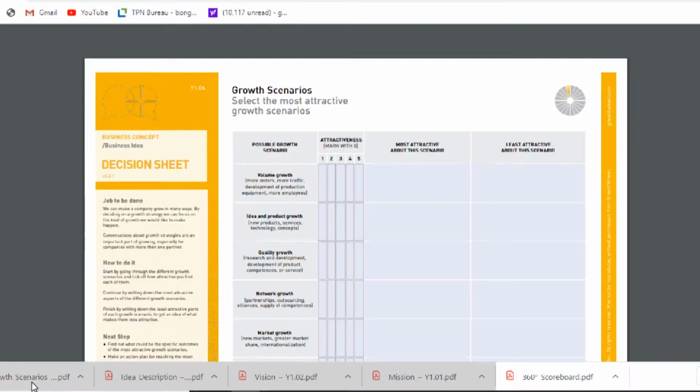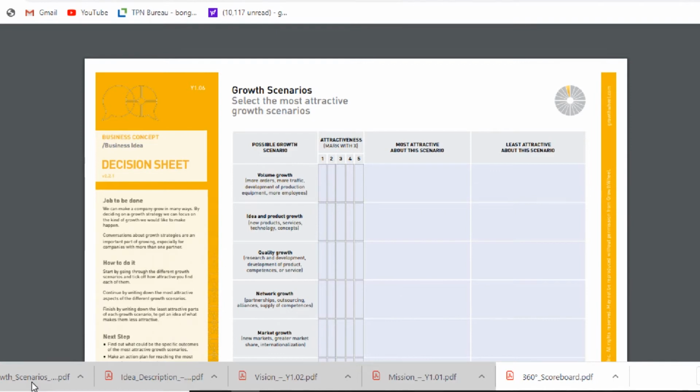Because now if that product speaks directly to your market, you've got an advantage over your competitors, because you'll be producing something that is wanted by the market, not something that you think is needed by the market. The other one we look at in terms of growth strategies, we've got something called network growth.